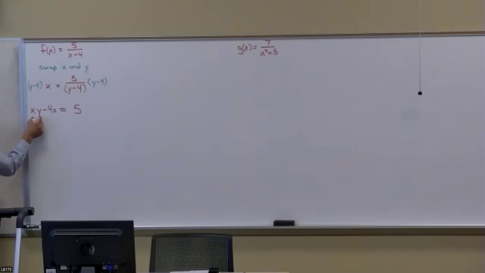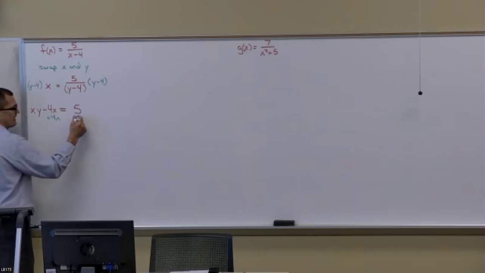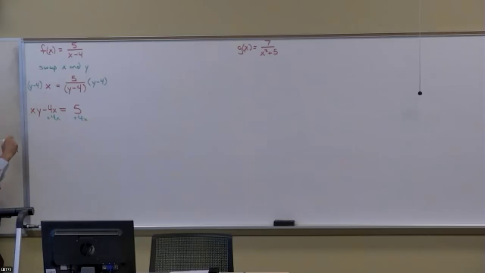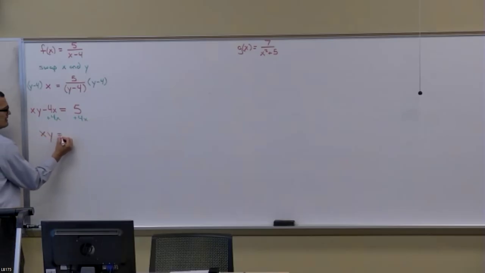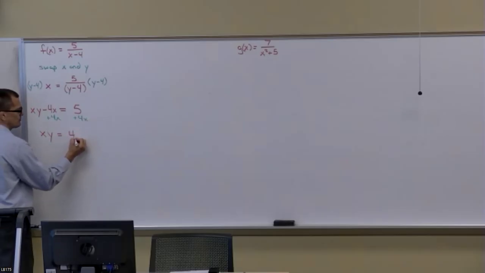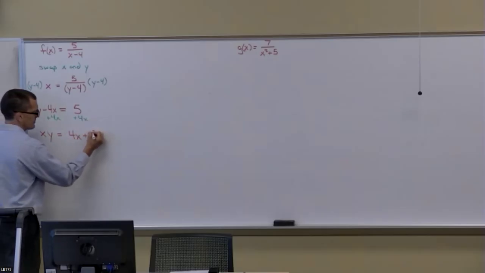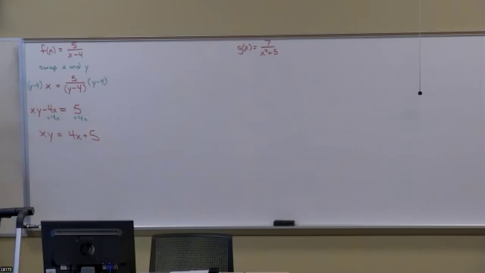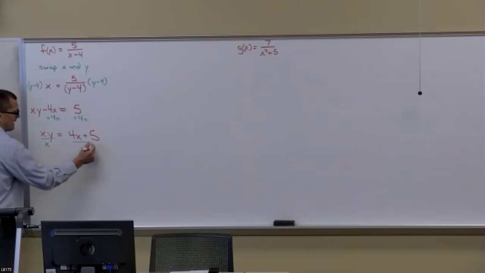Now I want to solve for y. So what I would do, since this 4x is a term without any y in it, I would add 4x to both sides. I get x times y is equal to 4x plus 5 or 5 plus 4x, doesn't matter which way you write it. And then to solve for y, I simply need to divide both sides by x.